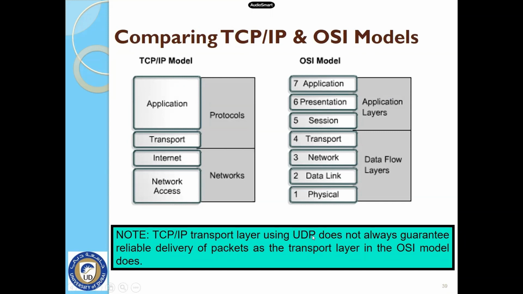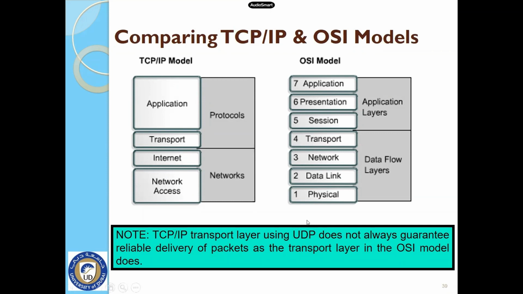With TCP, there is confirmation. If you send the data using the TCP transport layer, then the message will be fine. But if it was UDP, there is no guarantee that the message was delivered to the receiver side. In the OSI model there is confirmation, and someone might say there is an advantage of OSI over TCP/IP. That's not the case.